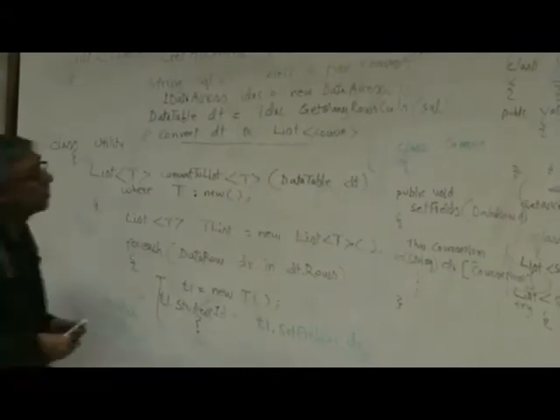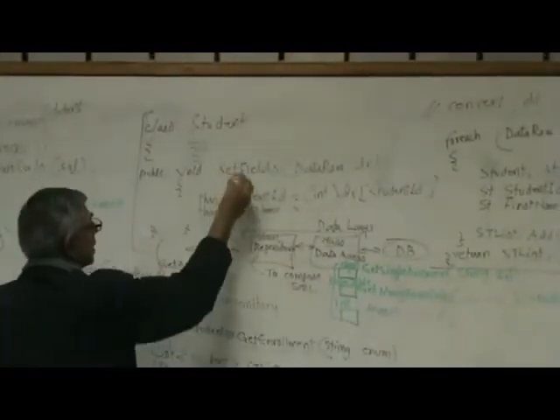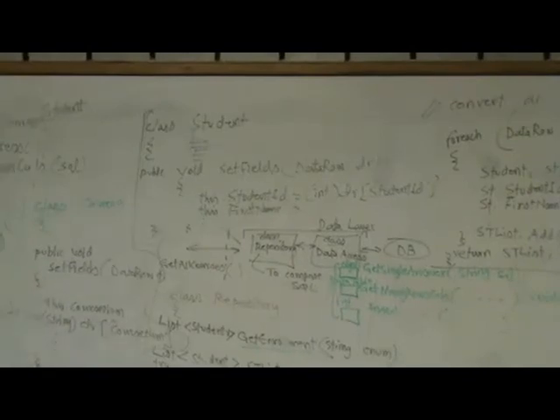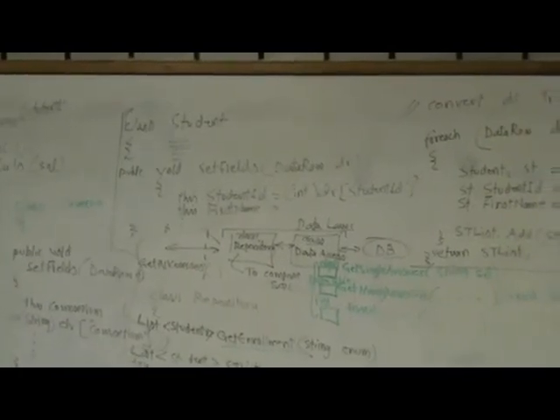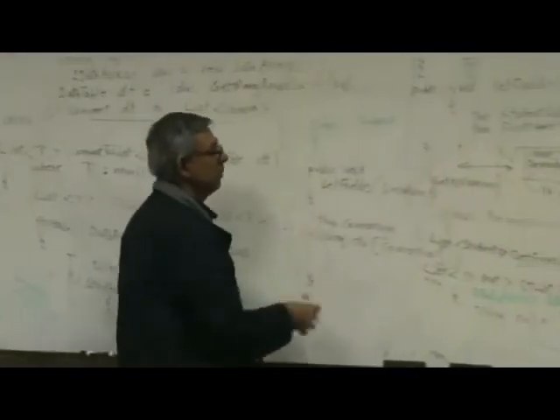However, there's one last problem with this. Suppose you created the student class and you wrote this method called setFields. Now somebody can easily, towards the end of their get enrollment, call this convert to list method, and it will work. Now let's say somebody developed the course class, and let's say they misspelled it.